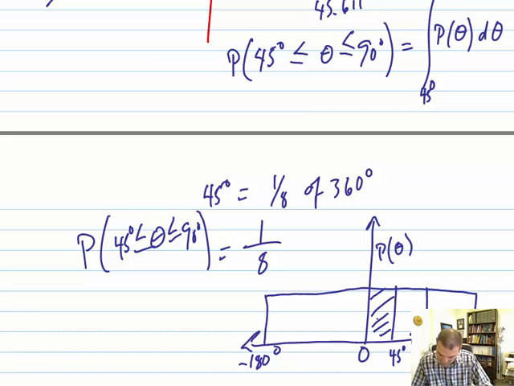We could break this here as 90. Any one of these sections of 45 degrees going across, breaking these down into 45 degree sections, is equal to 1/8 of the total probability. So our probability of finding that needle or that arrow pointing within any given 45 degree section would be equal to 1/8.